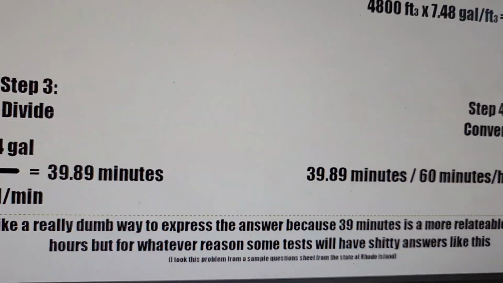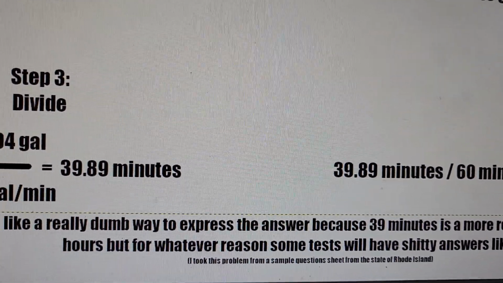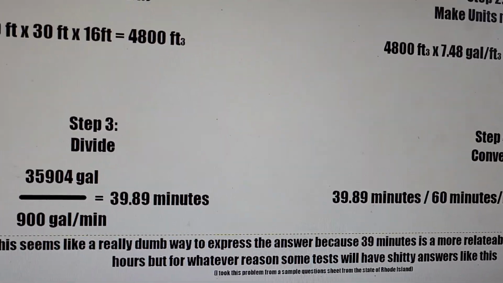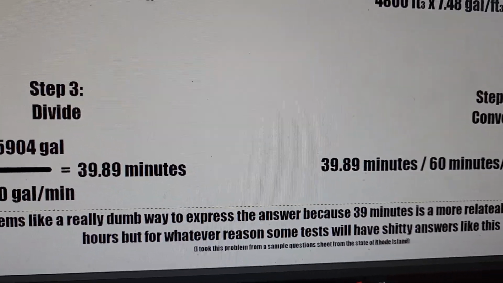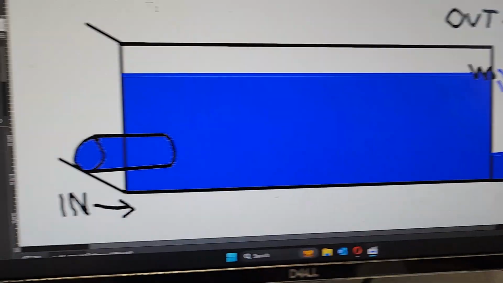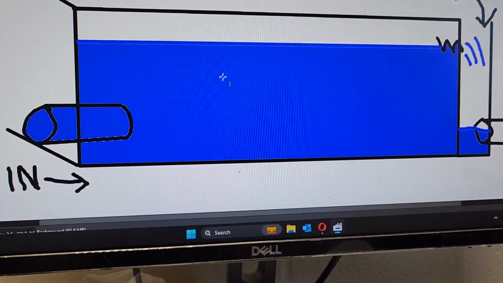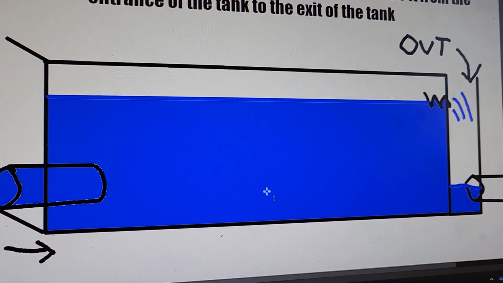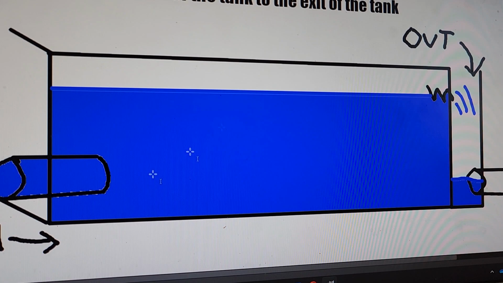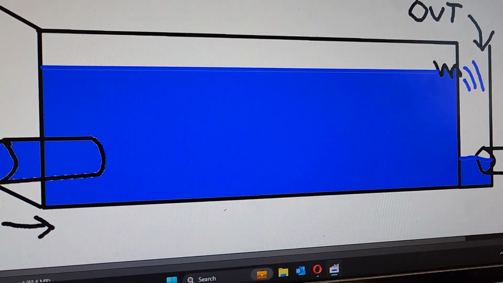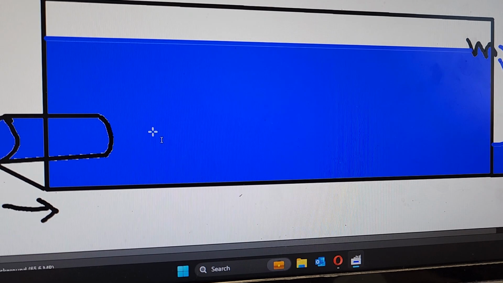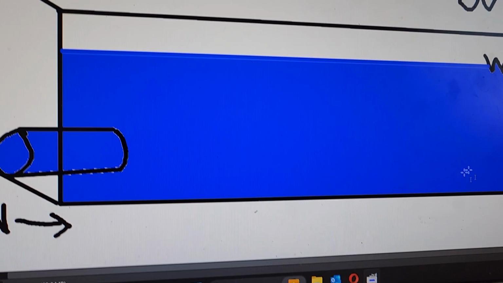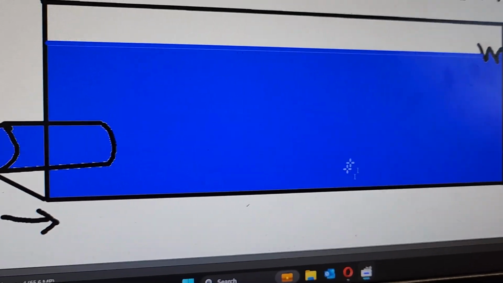Realistically, wastewater operators aren't going to be doing a lot of math calculating fill times and detention times. That's another thing, too: if this tank is empty, you can use this exact same formula to figure out how long it will take to fill this tank completely. Instead of pushing flow through a full tank, it's going to push it through an empty tank.